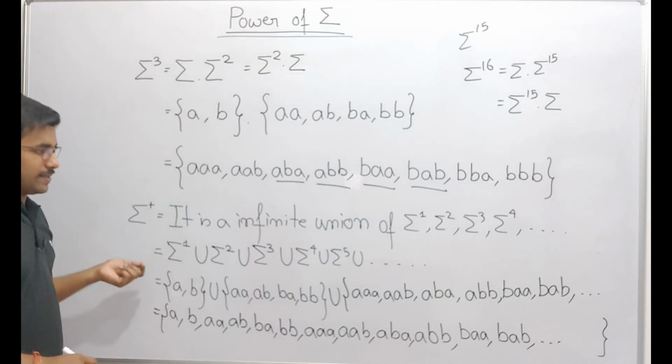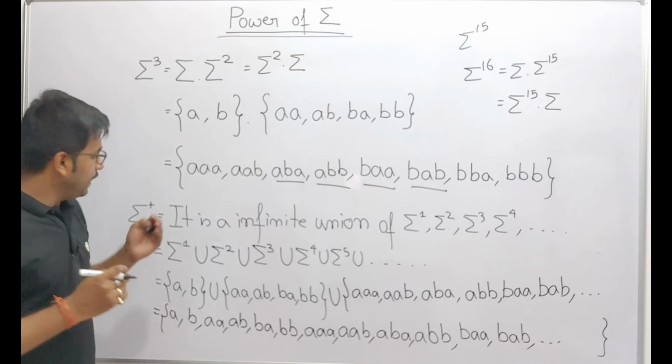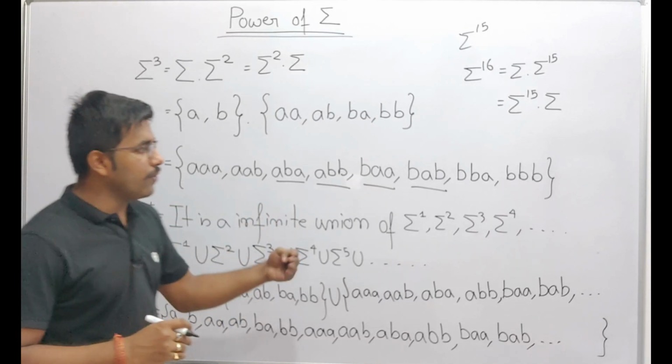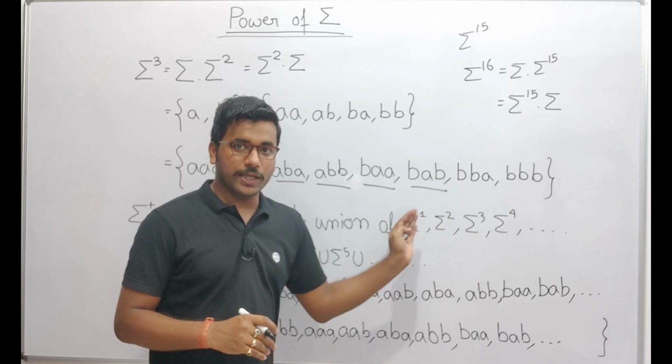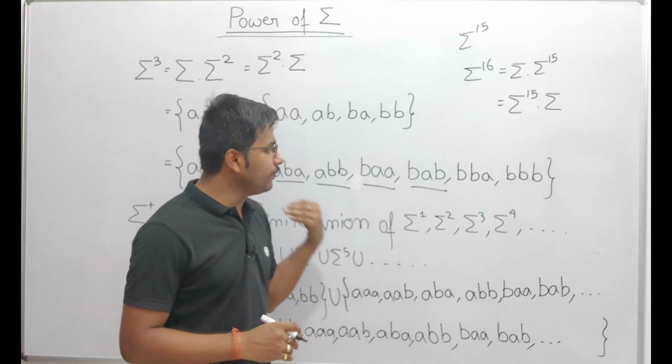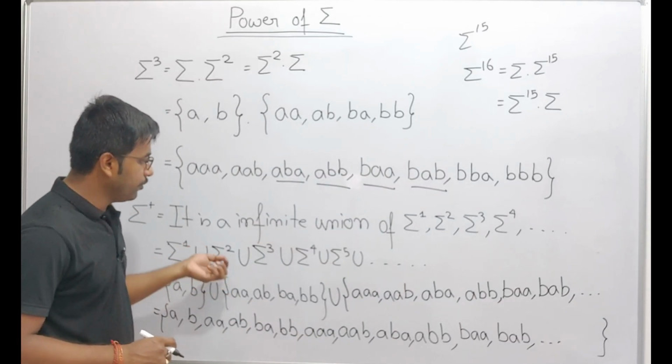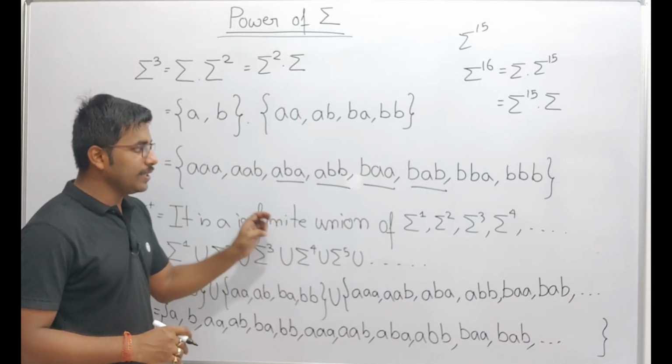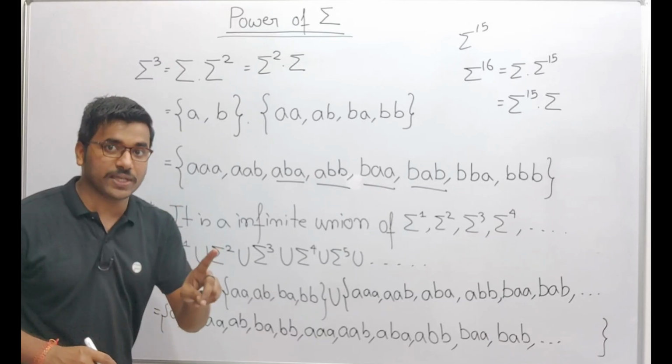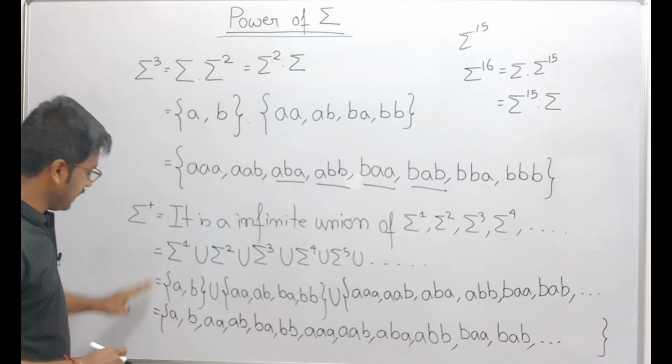Now what is sigma plus? Sigma plus is an infinite union of sigma 1, sigma 2, sigma 3, sigma 4, and so on. It is the union sigma 1 union sigma 2 union sigma 3 union sigma 4. So it does not have sigma 0, that is epsilon. Other than epsilon, it contains everything.